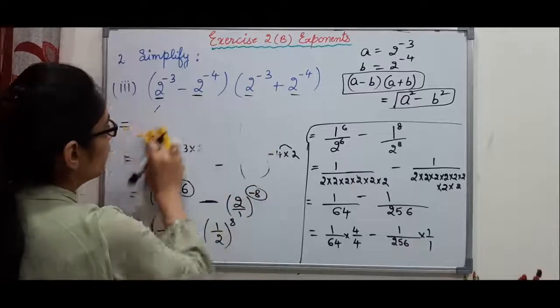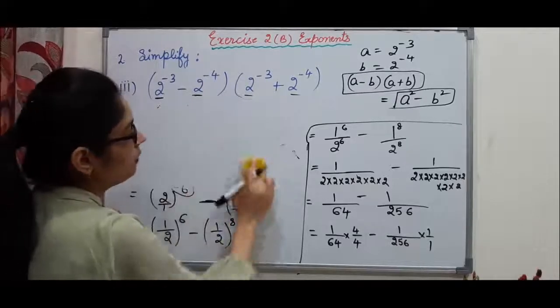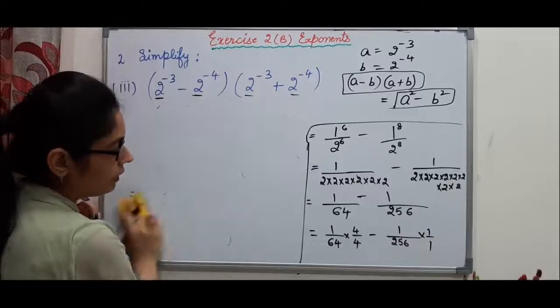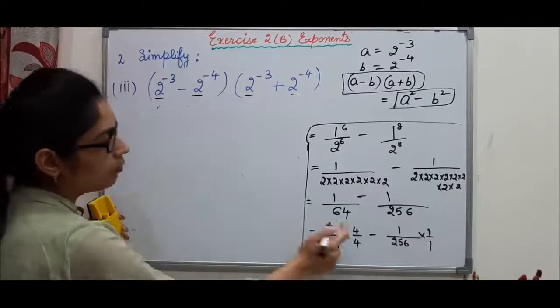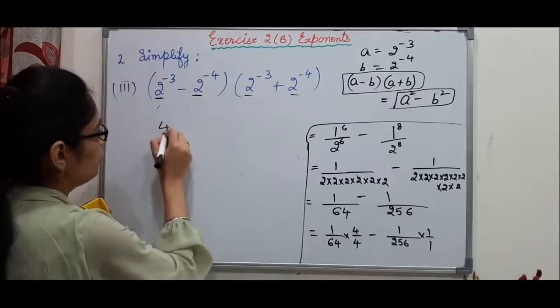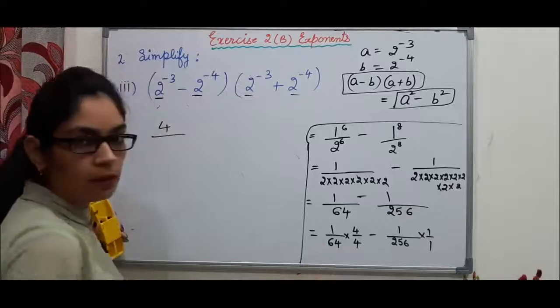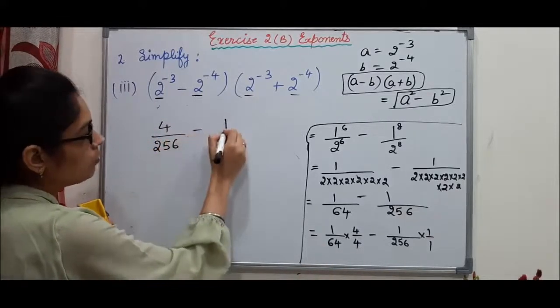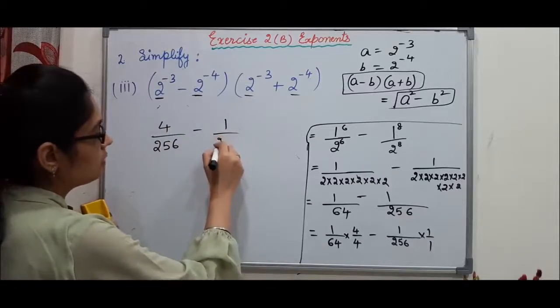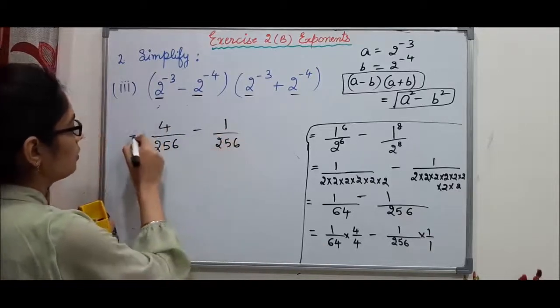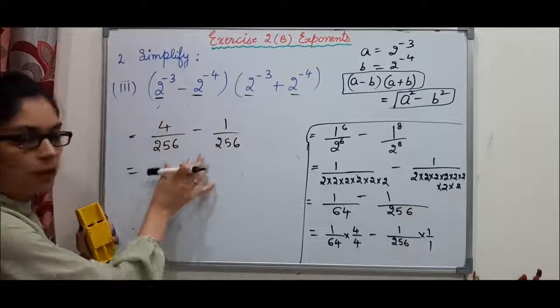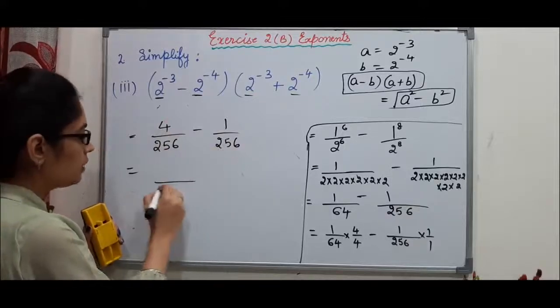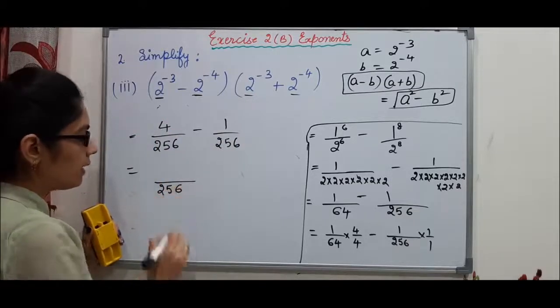So now we can do the multiplicative part and solve it. 1 into 4 is 4, 64 into 4 is 256, minus 1 into 1 is 1, 256 into 1 is 256. Now the denominators are the same, so we can write it as it is.